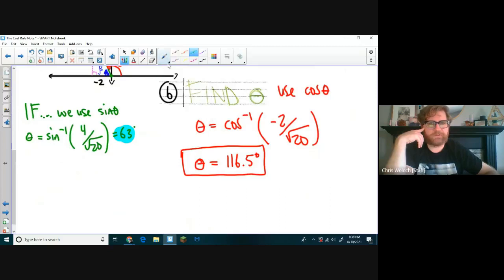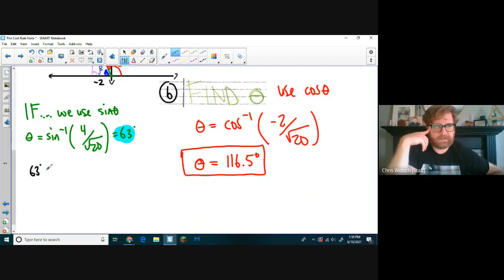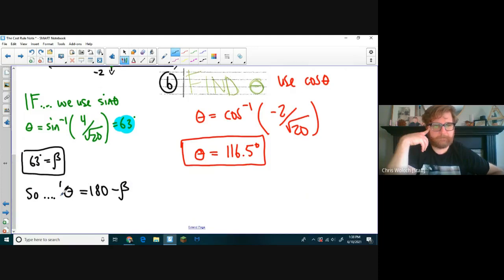And we know in quadrant 1, if I use cosine, I get the related acute. So actually 63 is the related acute, right? So to find theta, you would just go 180 minus the related acute. Okay?